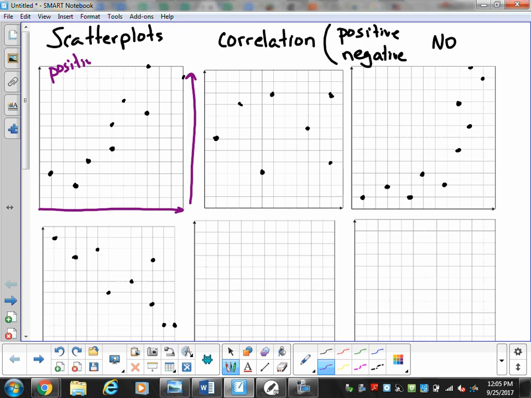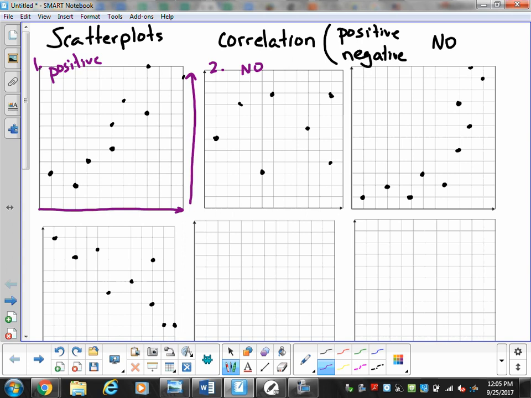As one increases, the other increases. On this, we'll call this graph plot 1. Plot 2. Notice how it just kind of goes up and down. There's not really a good pattern. It just goes up and down. And so on this one, we're not really having a correlation at all.